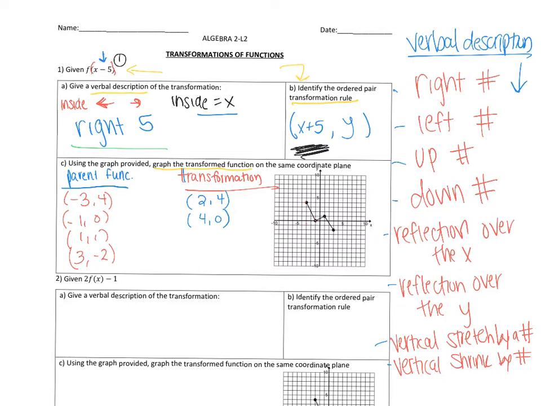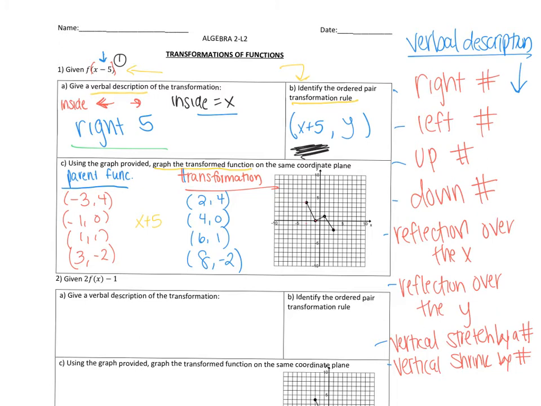Notice my Y's are staying the same because my Y is not being transformed. Then I come to 1, 1, and 1 plus 5 is 6, 1. And then I have 8, negative 2. So all I did was X plus 5. I added 5 to every X value.